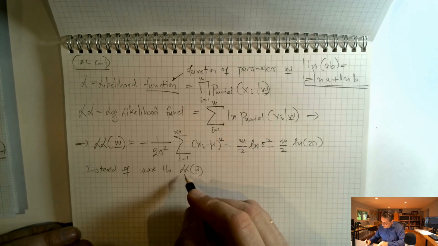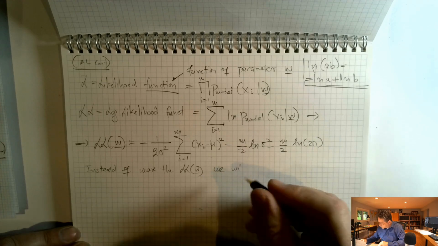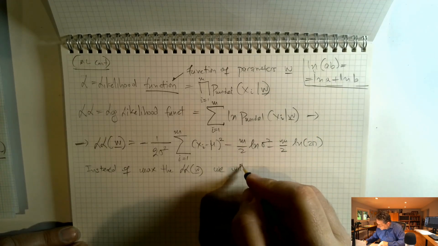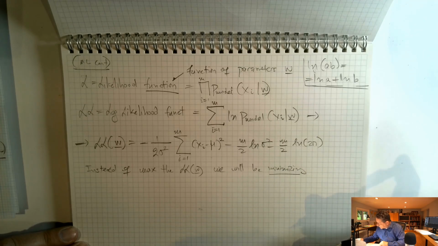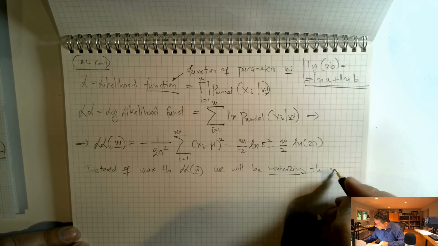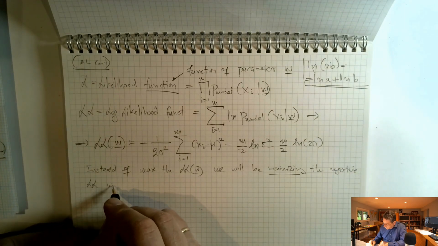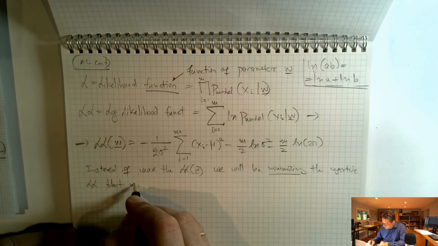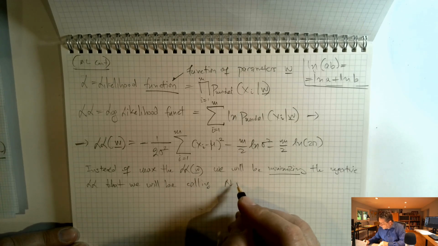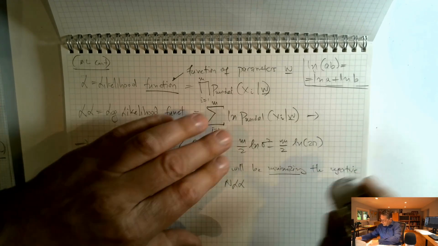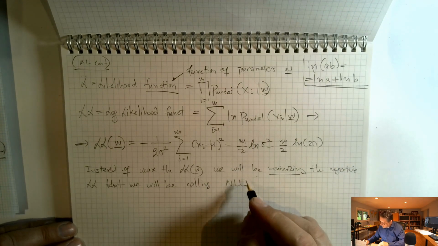So instead of maximizing the log likelihood of W, we will be minimizing the negative log likelihood, which we will be calling NLL, and symbolize it like this, NLL, with no calligraphic script. Okay, the negative log likelihood.